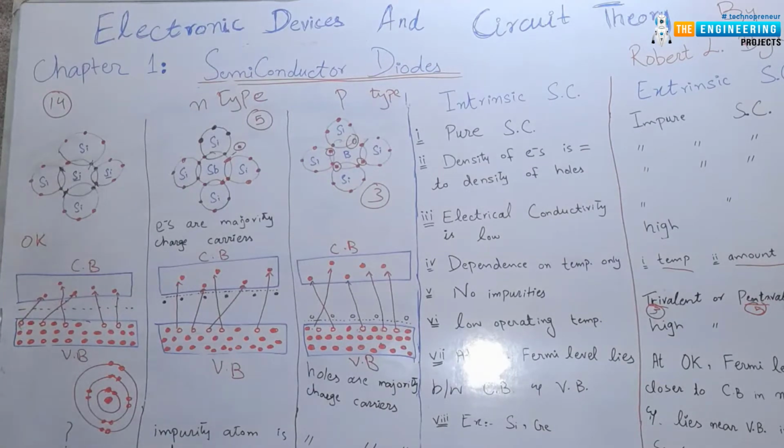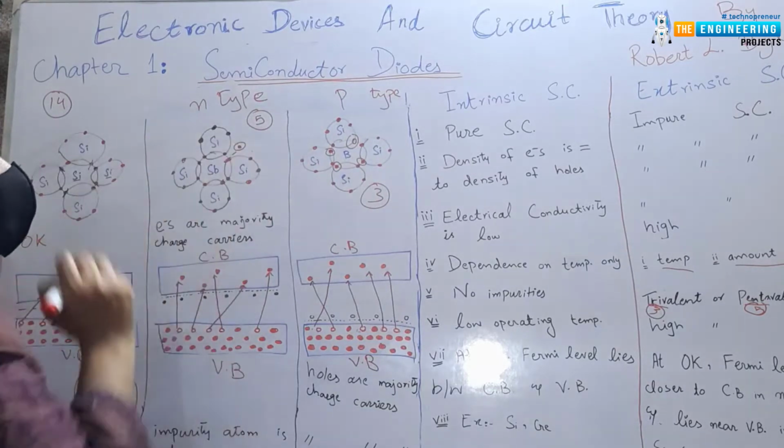Now let us discuss the band diagrams of an intrinsic semiconductor, an n-type semiconductor and a p-type semiconductor. In the intrinsic case, electrons leave the valence band and move into the conduction band, and the Fermi level is in between the conduction band and the valence band. But in the n-type case, there are extra electrons.